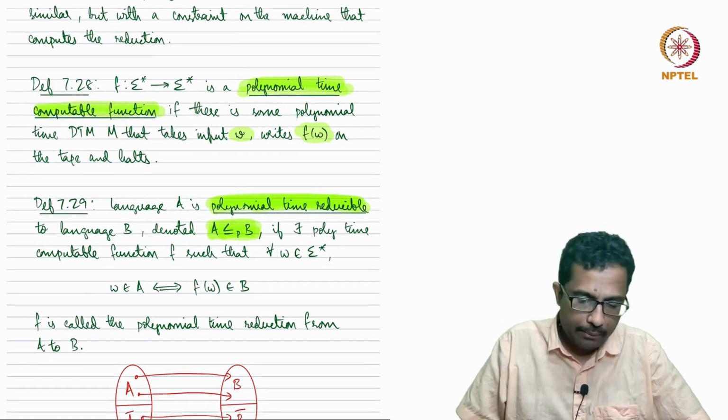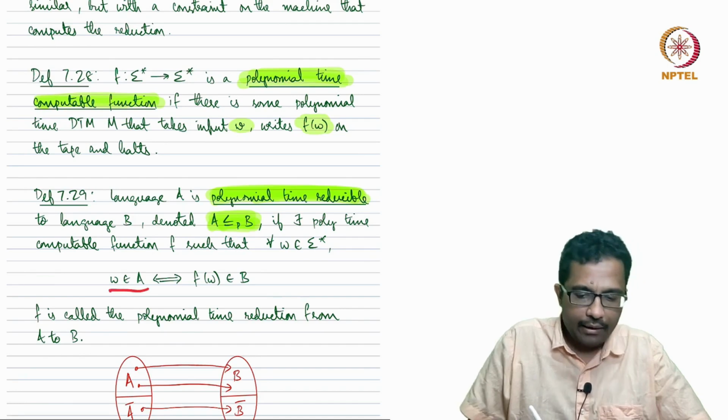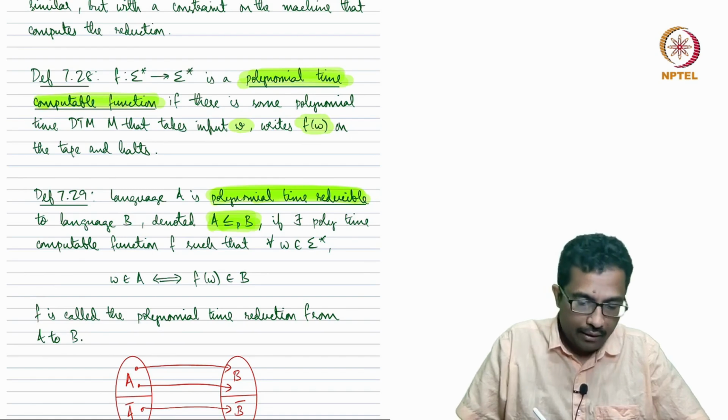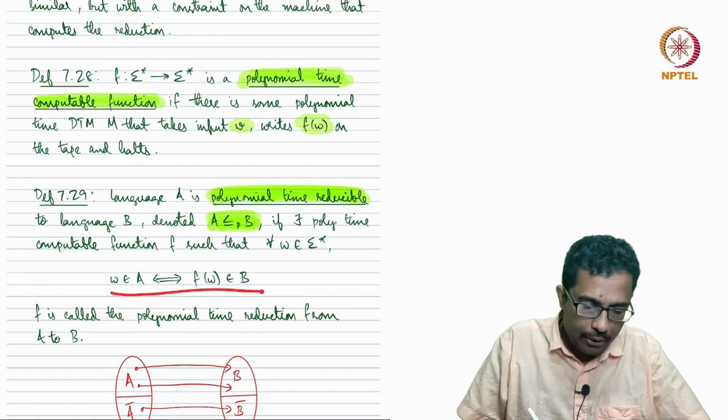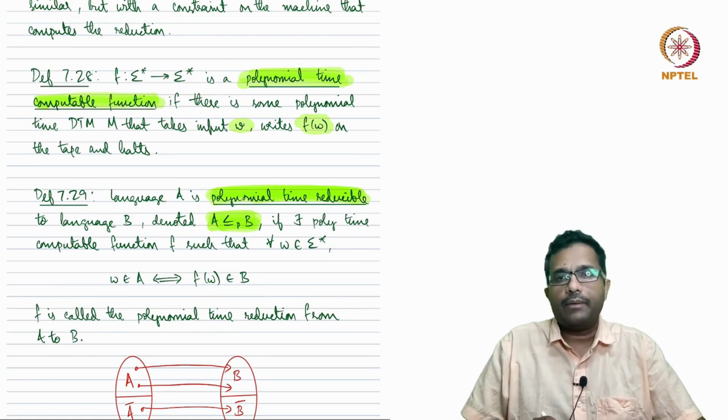What do I mean by reduction? For all w in A, f(w) should be in B, and for all w not in A, f(w) should not be in B. So in short, w is in A if and only if f(w) is in B.